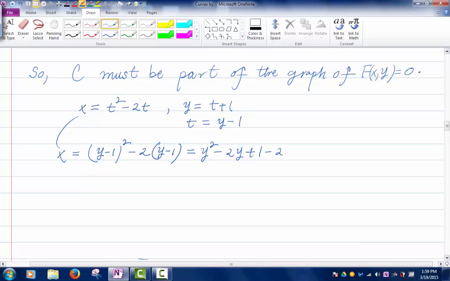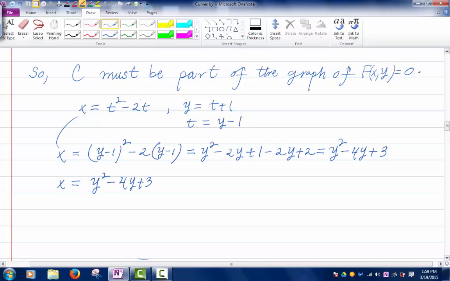So you get minus 2y plus 2 from the second parenthesis. And then if you simplify that, you get y squared minus 4y plus 3. So what I get then is that x is y squared minus 4y plus 3.